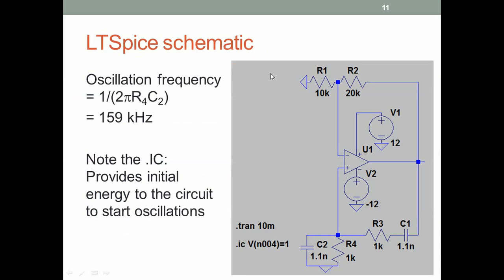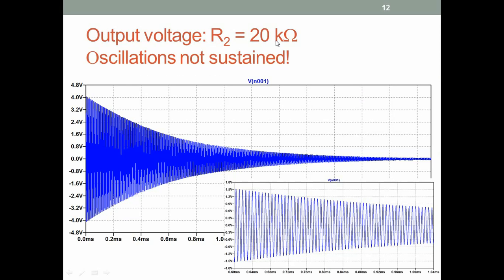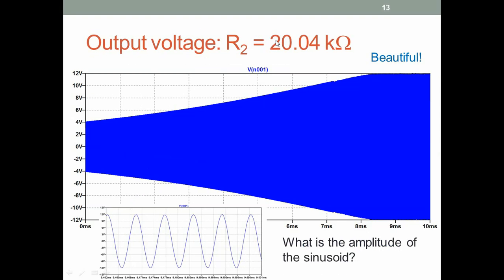This is the resistance in the feedback loop which is determining the gain of the amplifier. So from 20 kilo ohms I made it 20.04 kilo ohms, just slightly larger, and now it has sustained itself. Beautiful. It started out and it sustained itself, and you can see an expanded version, a beautiful sine wave.